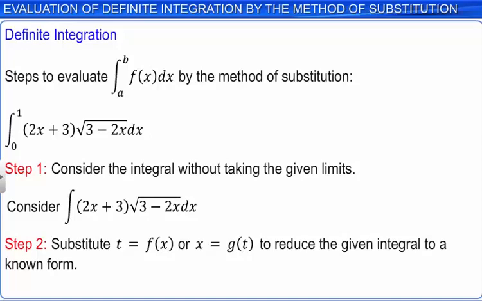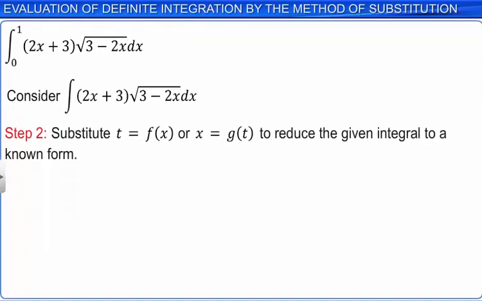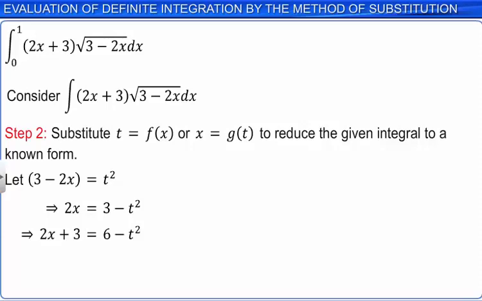Here, to reduce the given integral into a known form, let us substitute 3 minus 2x as t square. This implies that 2x plus 3 is equal to 6 minus t square. Now, on differentiating both the sides, we get 2 dx is equal to minus 2t dt.